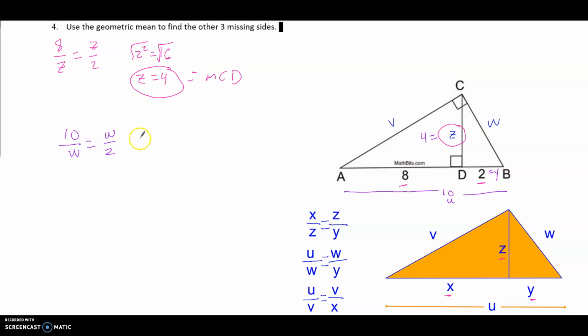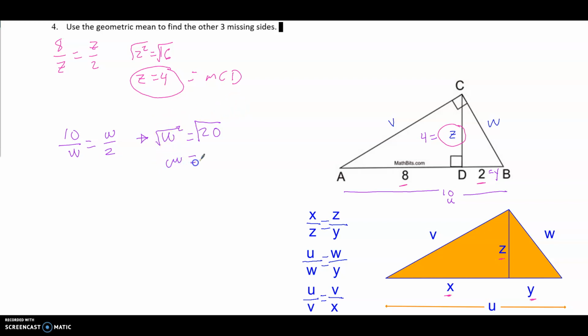And then I cross multiply, I get W squared equals 20. And then if I take the square root of 20, I should get 4 point something. Yeah, 4.47.